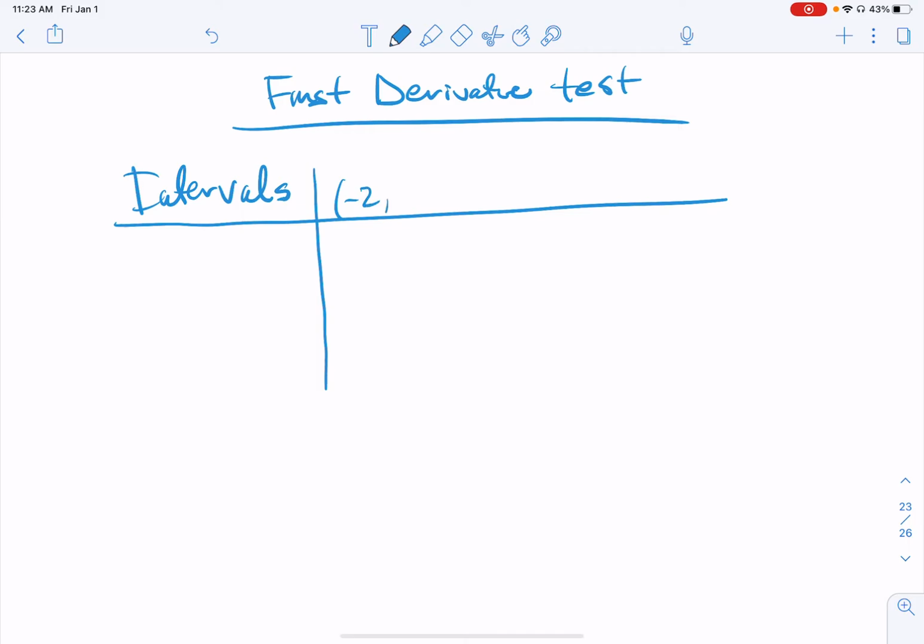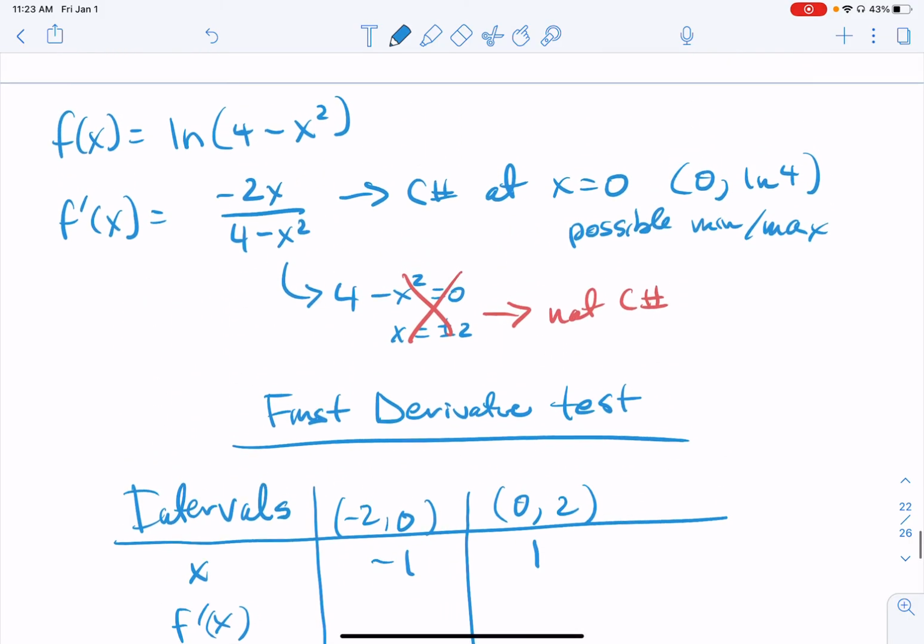So negative 2 to 0 and from 0 to 2. Need some test values. How about a negative and a positive 1? Since this is the first derivative test, kind of makes sense. So we're going to plug those numbers into the first derivative, and we'll plug it into this form right here.